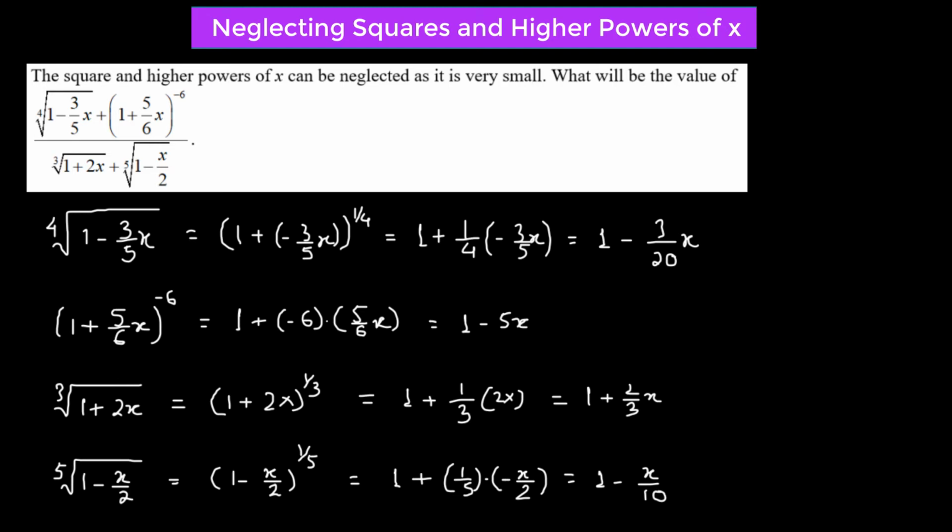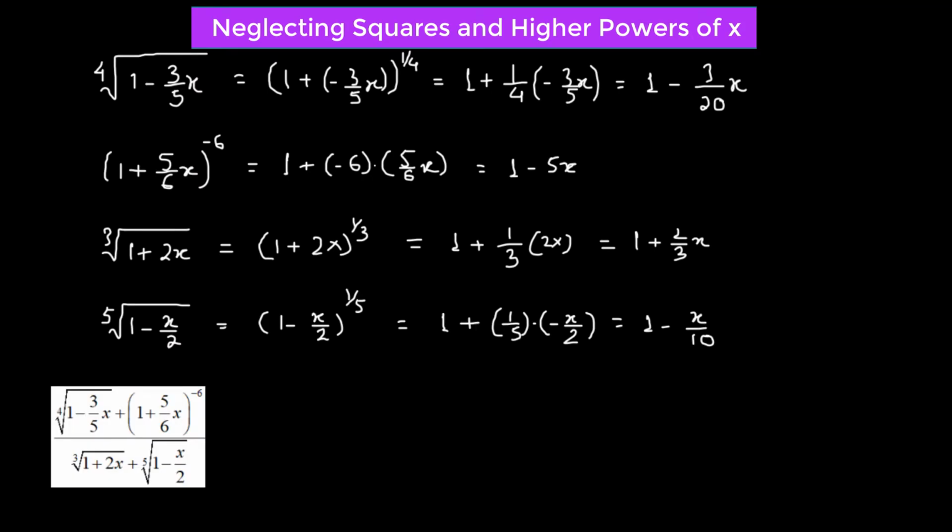Now that we have all the terms written in their approximate form, let's plug them into the given expression. So for the first term, we have 1 minus 3 over 20 times x. For the second term, we have 1 minus 5x, divided by 1 plus 2/3 of x plus 1 minus x over 10.